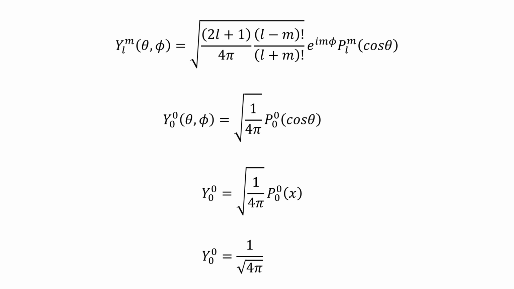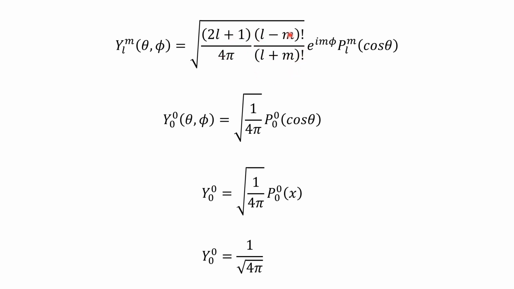Now we will see the spherical harmonic, Y, which is a function of theta and phi. The definition I have already explained. Now l equal to 0, m equal to 0, then what will happen? Y00 is equal to, you substitute l and m equal to 0 here. The first term is 1 over 4 pi. For the second term, l minus m is 0, 0 factorial is 1, and l plus m is also 0, 0 factorial is 1.